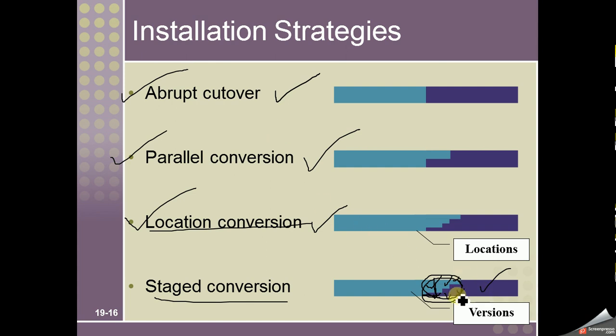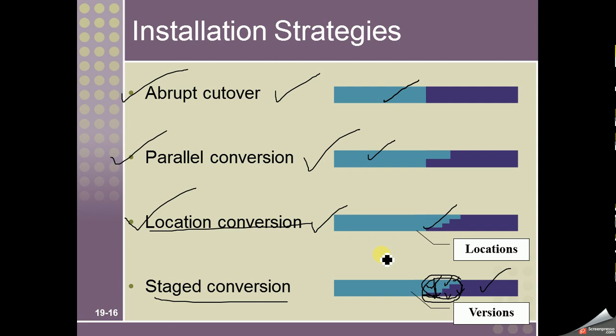Similarly we take another subsystem, we use different locations, parallel and abrupt cutover strategy. So we can also mix the different strategies together to minimize the cost and time and the inconvenience for the users, right?